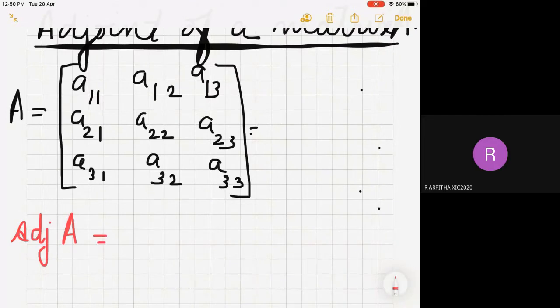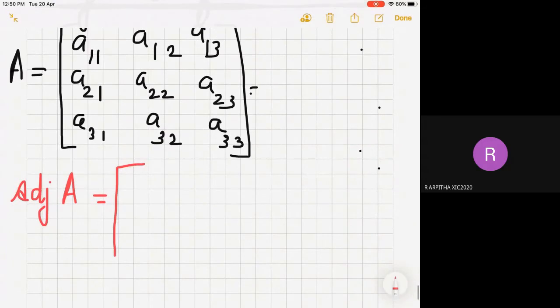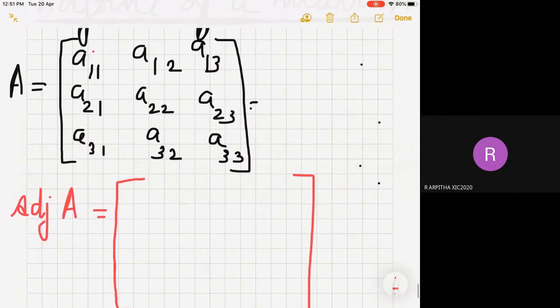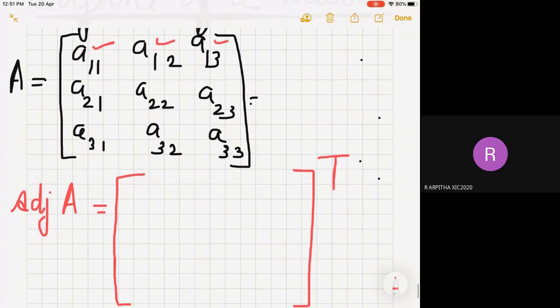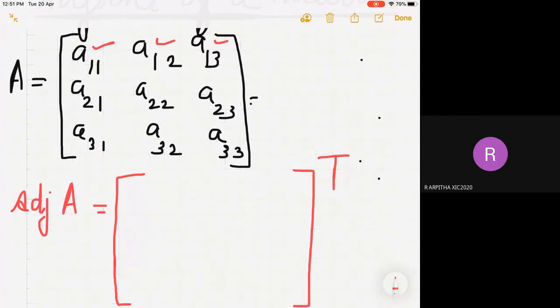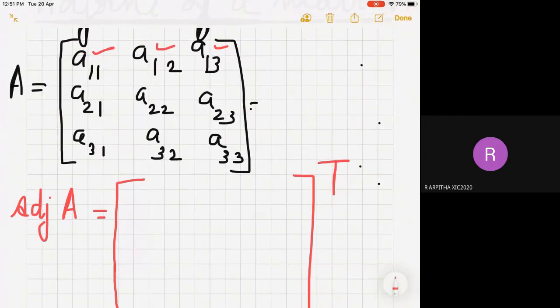It is a matrix. Adjoint of a matrix is a matrix which is the transpose of the matrix obtained by replacing every element of A by its cofactor.